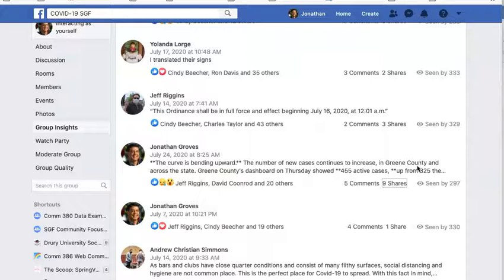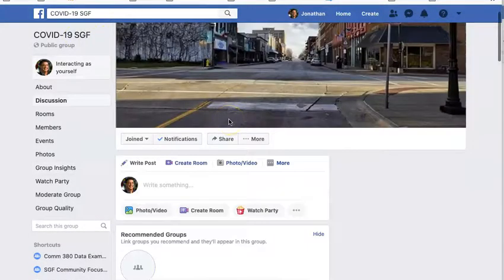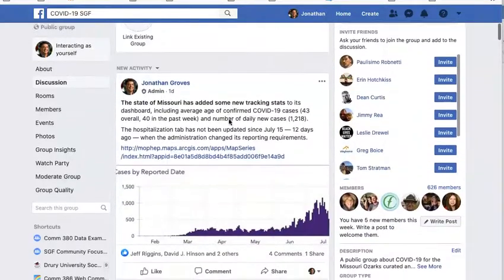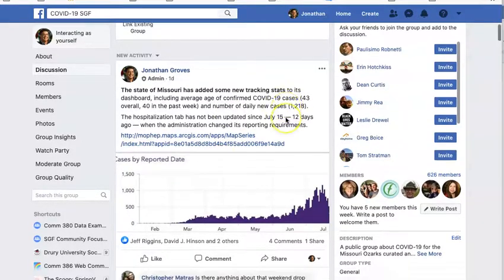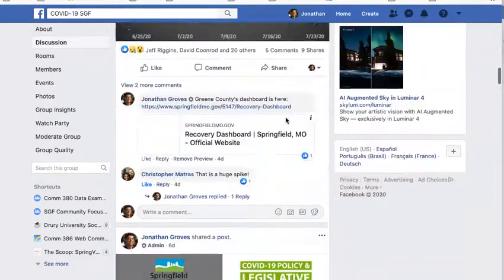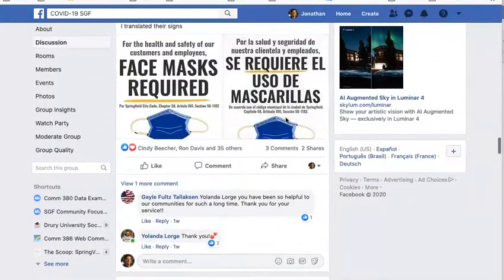And that's a good way to increase community engagement, because I post a lot in this group, but I don't want it to be seen as the Jonathan Groves group. I want it to be seen as a group for everyone who's interested in it, so that I can get individuals sharing their information as well, even though I've done the last few posts.